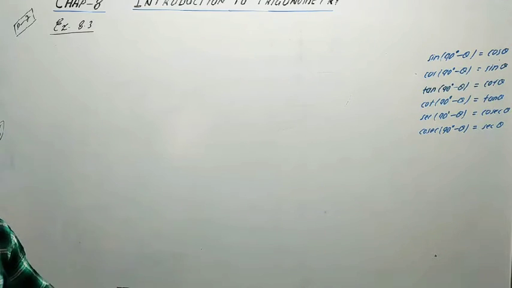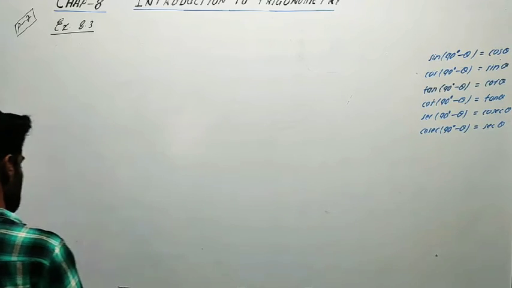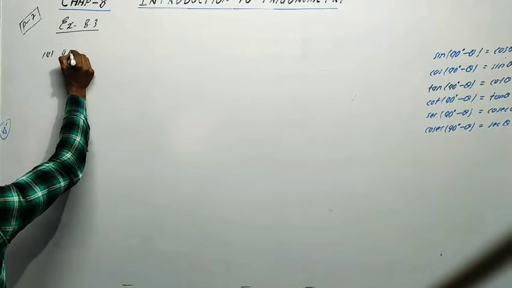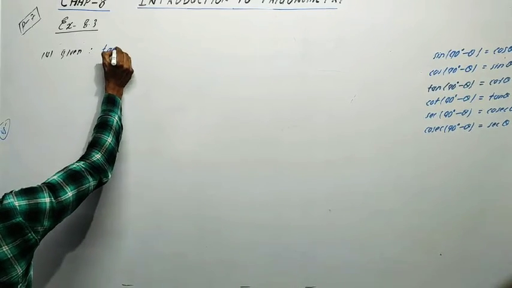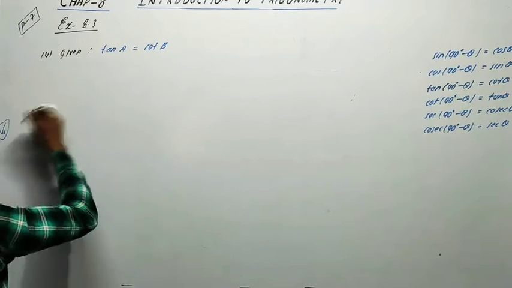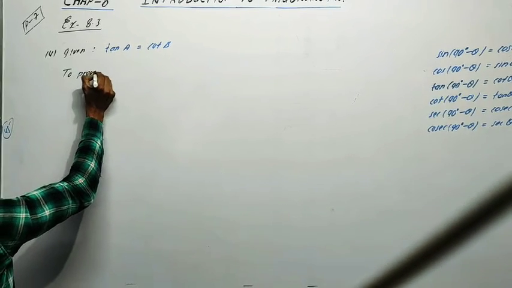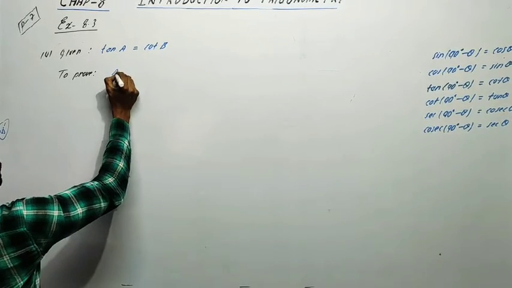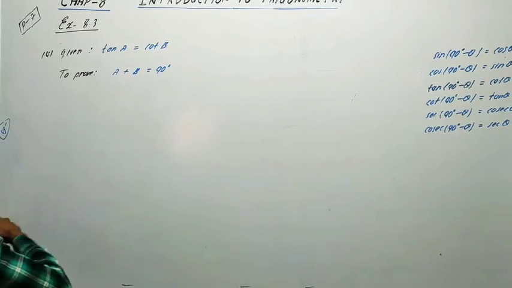Question number 4. If tan A is equals to cot B, then prove that A plus B is equals to 90 degree. Given tan A is equals to cot B, to prove angle A plus angle B is equals to 90 degree.